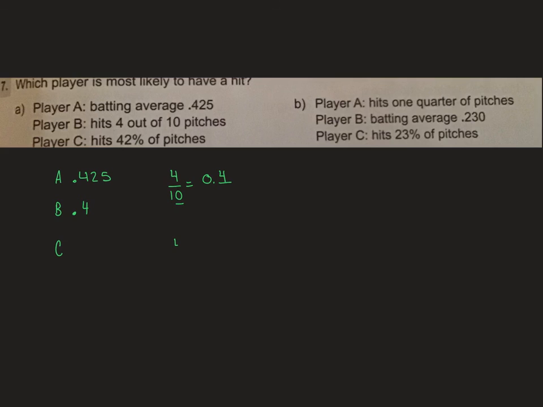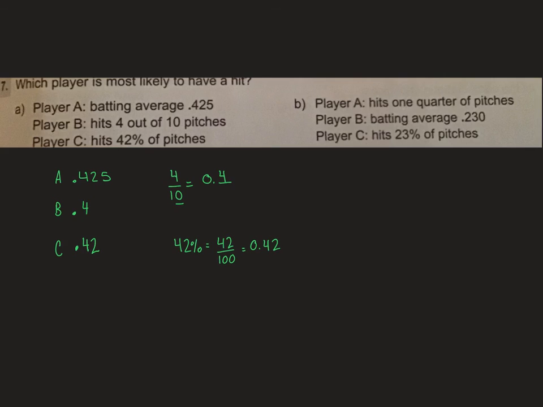Player C hits 42%, and 42% is 42 out of 100, which is 0.42. So before I can compare them, I have to make sure that they kind of go to the same place.